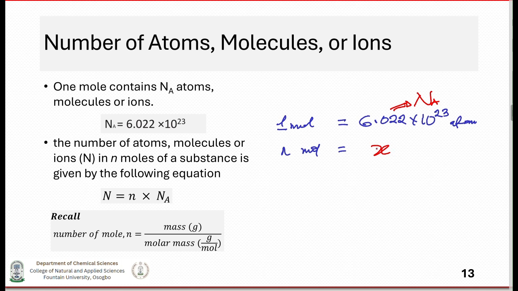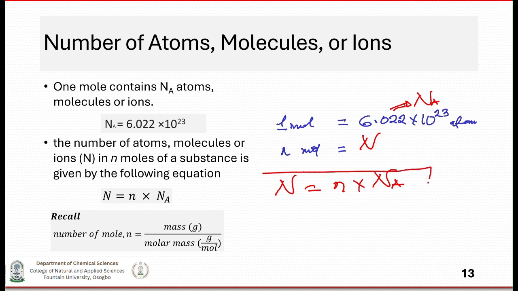Now, we want to calculate the number of atoms. So we make X the subject of the formula. X will equal the number of moles times Avogadro's number. So our X, we can change it to capital N, and then we get that formula. Let me replace this with N, which is the number of atoms.